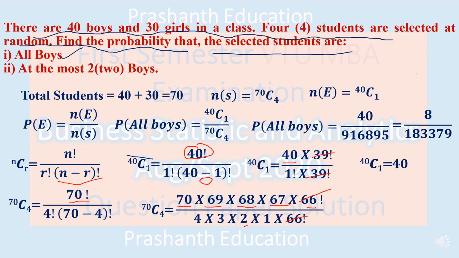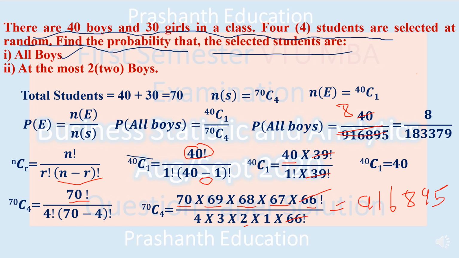This you will cancel out, and the answer will be 916895. After that, see whether you can divide it more as well. The final answer will be 8 by 183379, or you can write it in percentage terms.